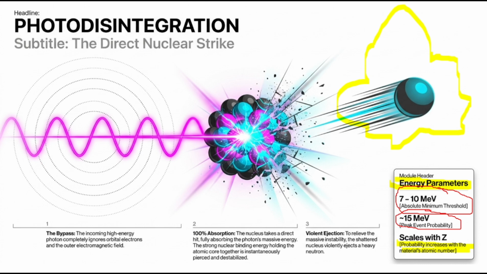Listen carefully now. Neutrons are incredibly dangerous to humans. They are almost 10 times more effective at causing lethal damage to human DNA than your standard X-rays. This specific interaction becomes a massive occupational hazard. This physics dictates exactly how we build our radiotherapy bunker.